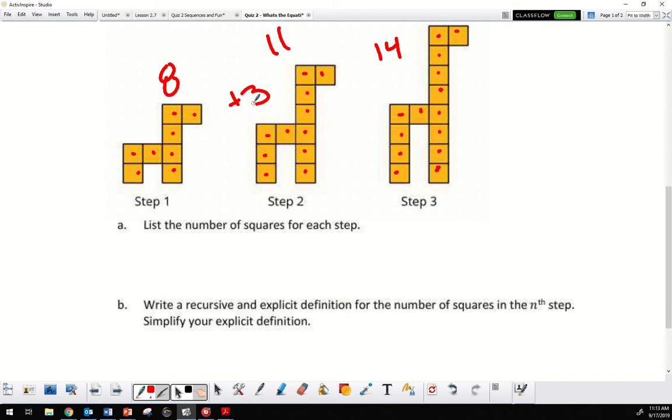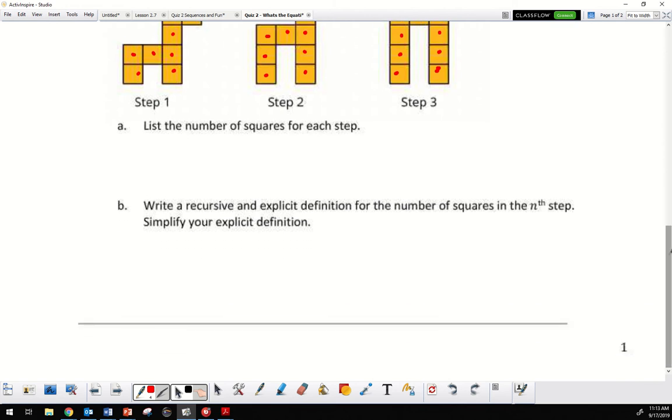Write a recursive and explicit definition. Recursive means what? Previous number, so it has to include f of n minus 1. So what is my first one though? I'm going to call it step 1, so f of 1 is 8.